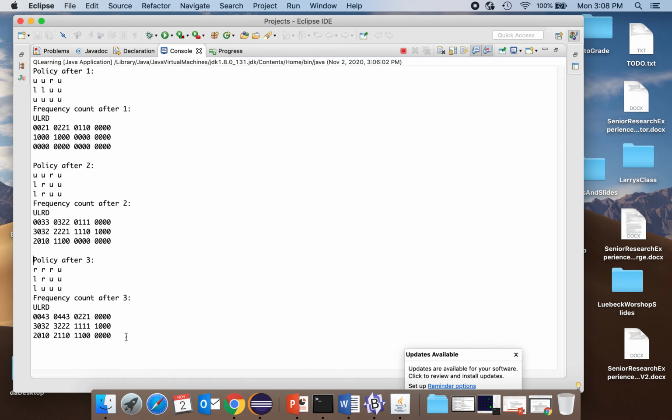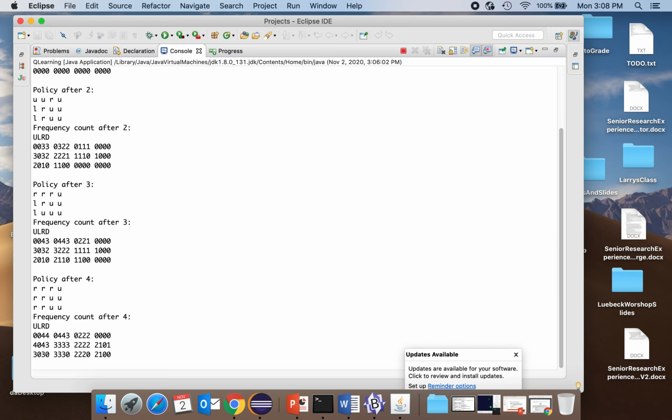And so after 3 steps of exploring, and notice after 4, actually, this is not a bad policy, right? I mean, this is just about as good as any other one. Here are the frequency counts. And so we'll just explore this stuff a little bit more. It doesn't change that much. So there you have it. So using the frequency count, and eventually mine cuts out at 10.